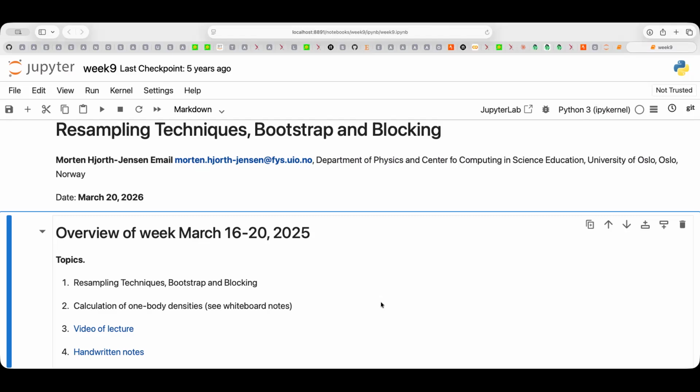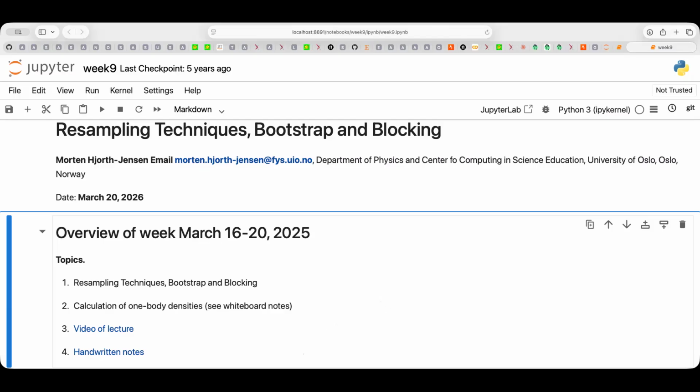These are the numbers which we will play around with to demonstrate the different methods, and you will find that at the end of the Jupyter notebook. But we need to revisit some of the formalism we discussed, and then I will give you the basic ideas of the blocking method and why it works.